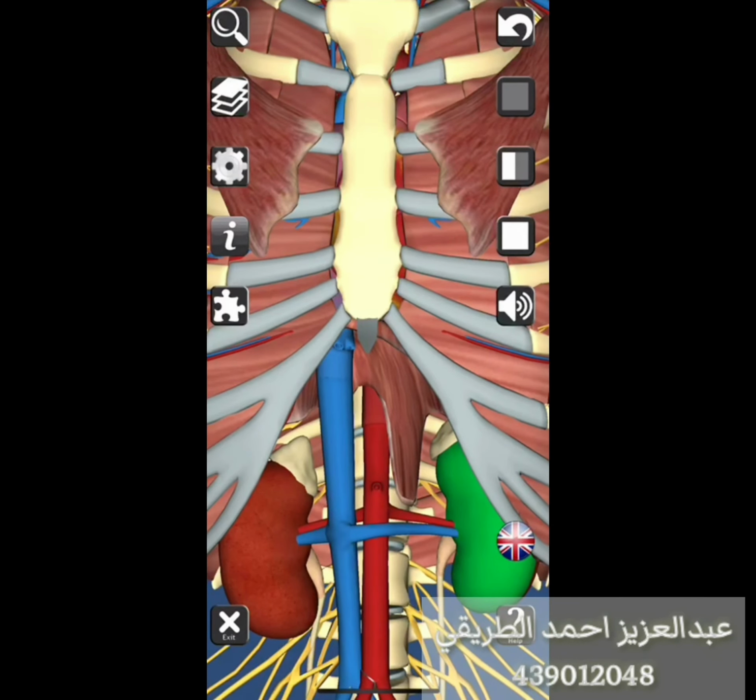When we talk about the blood supply, we have the renal arteries, the abdominal aorta, the inferior vena cava, and the renal veins.